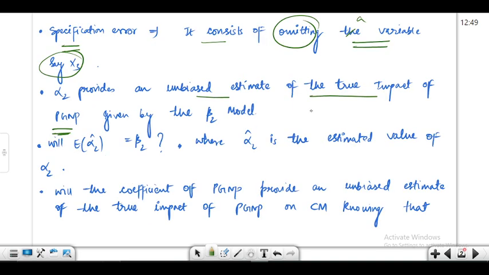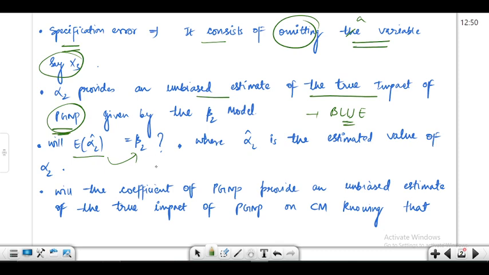We know that the coefficients of your multiple regression model are BLUE. We have read this property. So it is an unbiased estimate of the impact of PGNP. Does this imply that the expected value of alpha 2 hat, which we estimate using a sample, is an unbiased estimator of beta 2, the coefficient in the real model, the model that should have been?